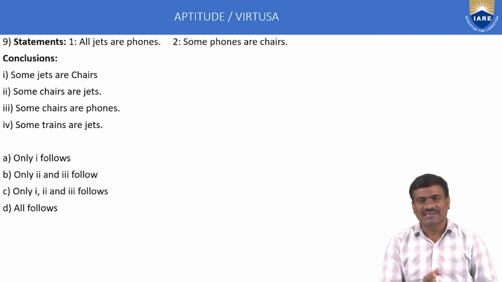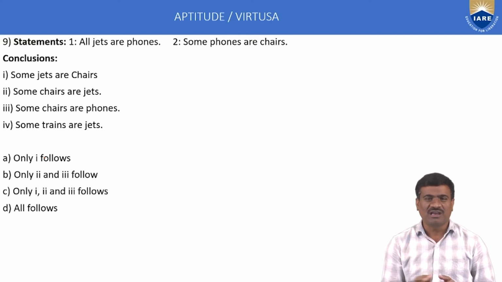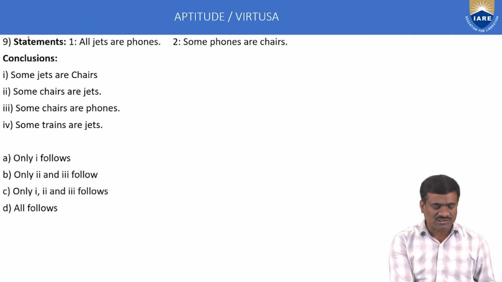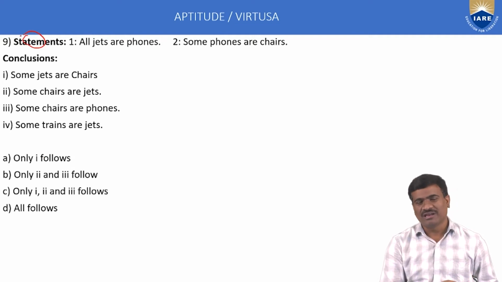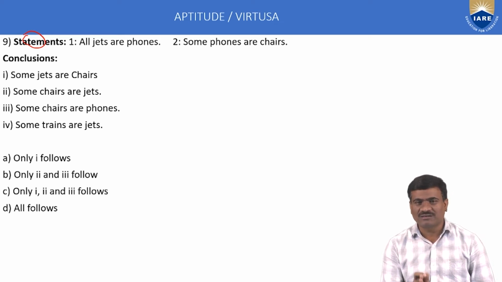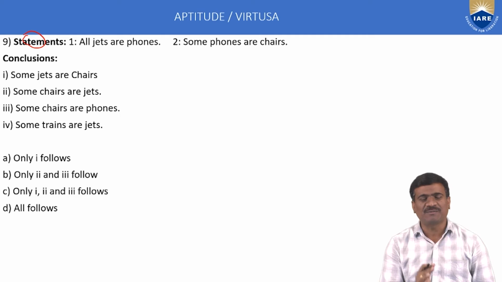A sentence which can be either true or false but cannot be both is called a statement. Definition: what is a statement, what is a conclusion? If you know that meaning perfectly, then this topic is very simple. A conclusion is the result of the given statements.